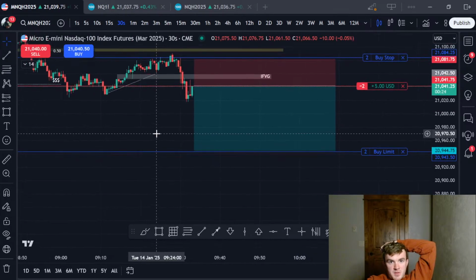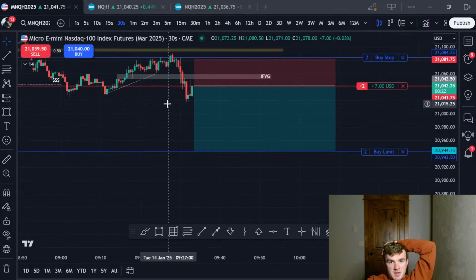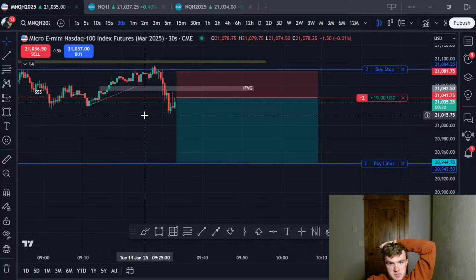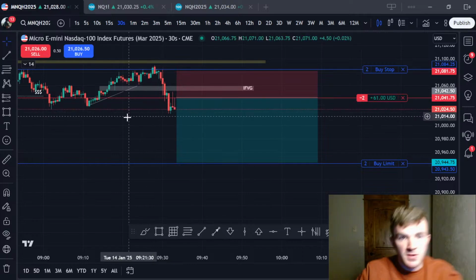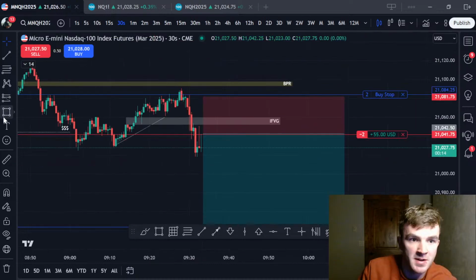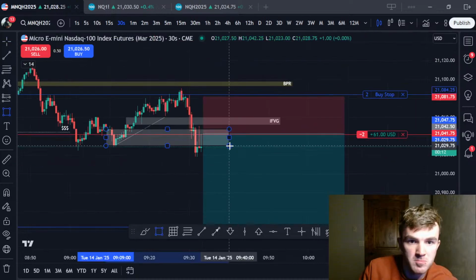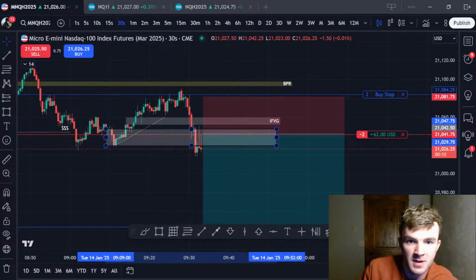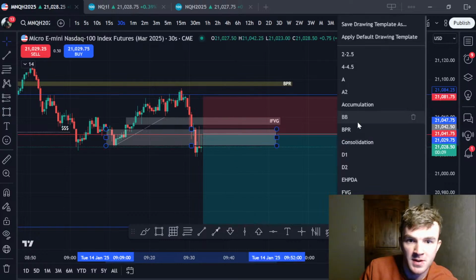I'll go to break even if we take out the low again, because at this point we've used the breaker and the fair value gap. We shouldn't return to it. If we can just take out the low again, I don't think we'll return to this breaker and this fair value gap.